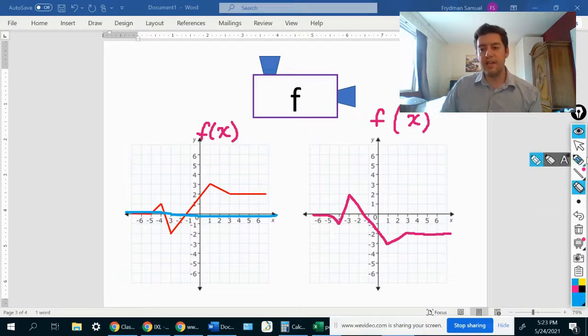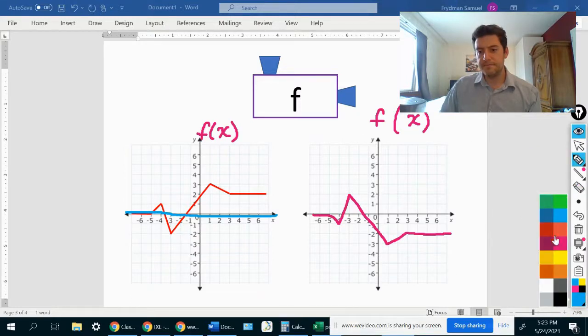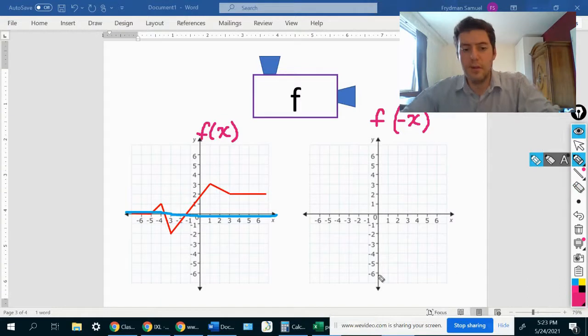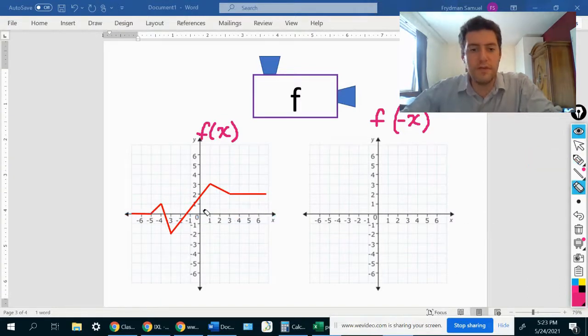If we see a negative on the inside, then this graph over here would look like this now.